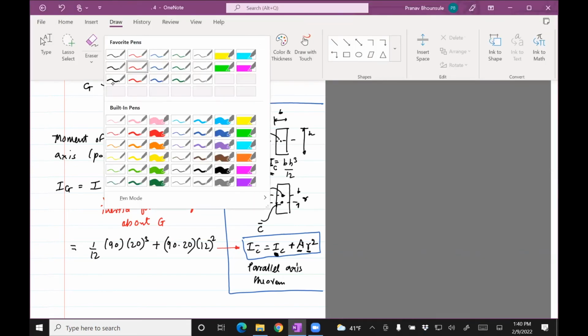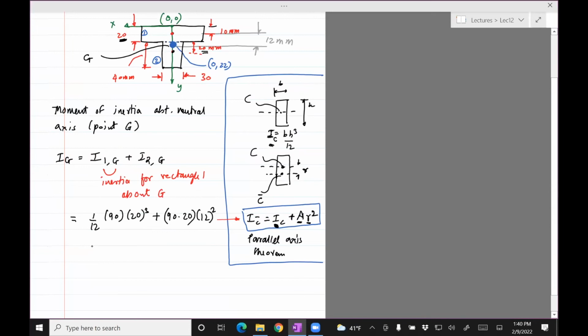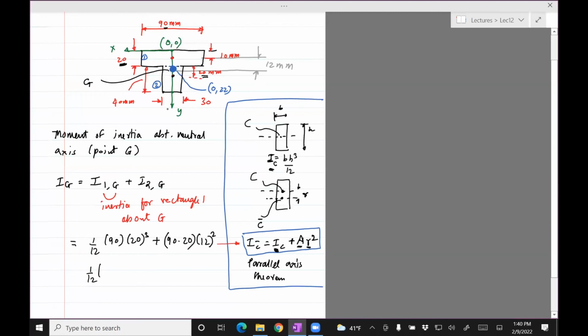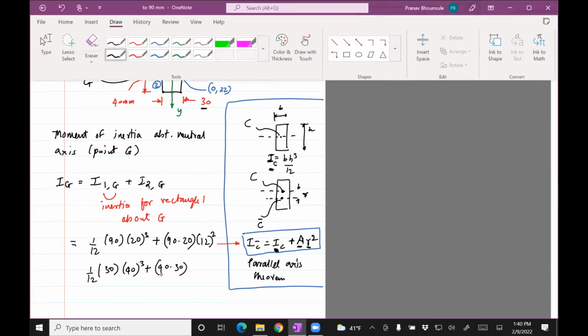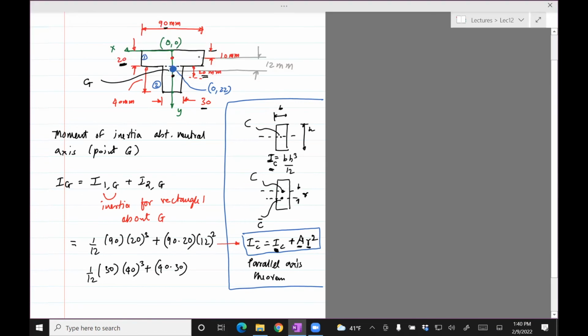I need to find the moment of inertia for 2. So that would be, again, 1/12 times the width, which is 30, times the height, which is 40 cubed, plus the area, which is 40 times 30, times the distance from G to the centroid. It's going to be this distance.